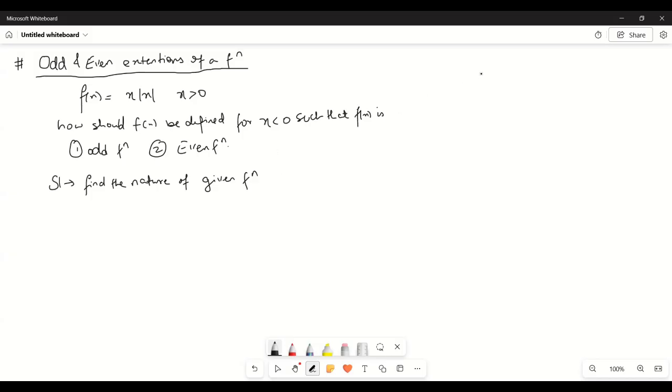Like for example, we take it up over here, f(x) is equal to x mod x, but since it is for x greater than 0, so x greater than equal to 0, mod x will be the same as x. So this becomes x square, right? So the graph of this function is like this. It's an upward opening parabola. Now, if you want to create an even odd extension of this, so odd extension.